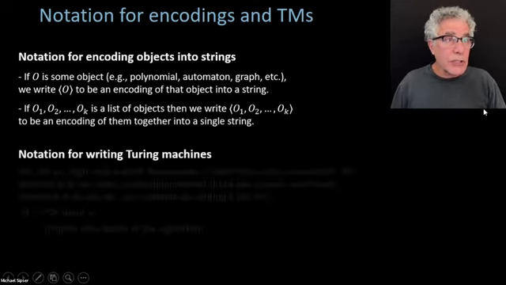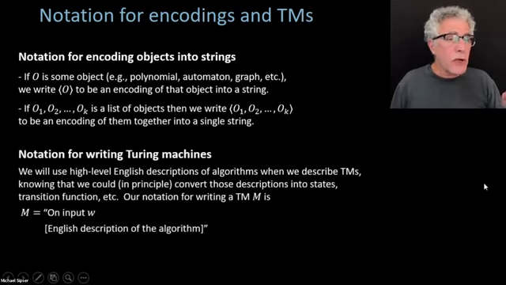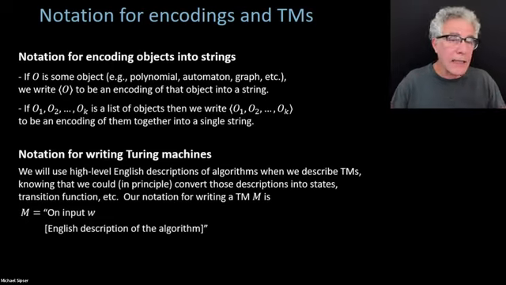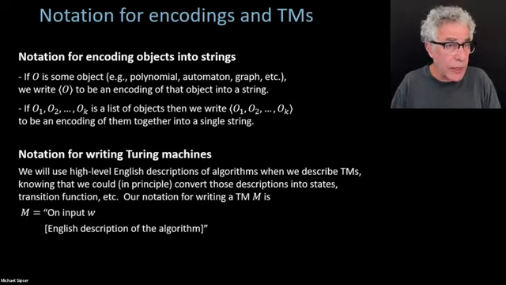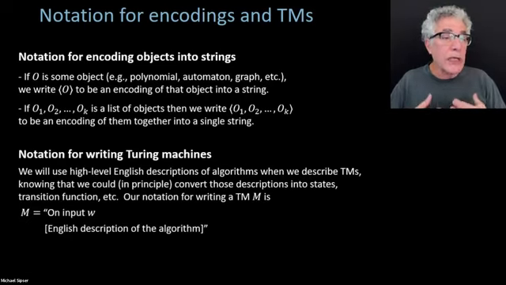Now, for writing Turing machines down, going forward, we're going to be using high-level English descriptions. We're not going to be worrying about managing the stuff we've been doing up till now. We're not going to do that anymore, and I'm not going to ask you to do it. Managing where stuff goes on the tapes and all that stuff, that's too low level. Because really, now that we have the Church-Turing thesis, we're really interested in talking about algorithms.